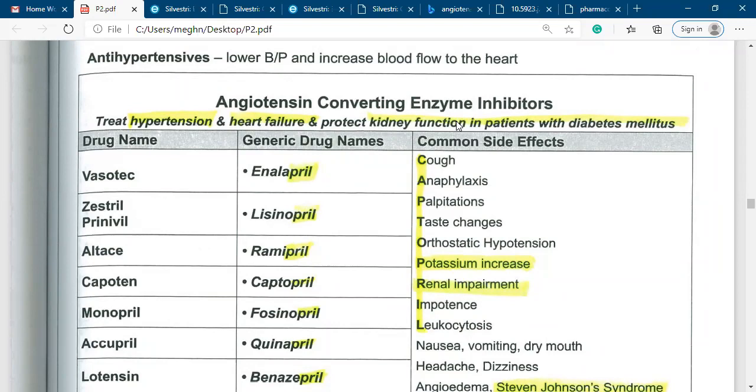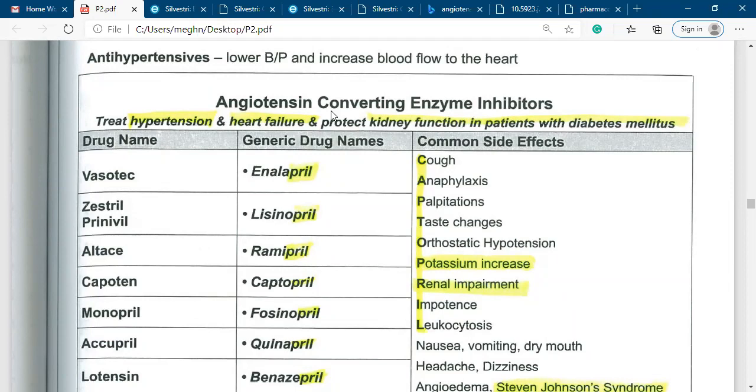It causes vasoconstriction when working on receptor 2 and also causes sympathetic activity. So when you block this enzyme, they do not convert, and there is no more vasoconstriction, no more sympathetic activities, and blood pressure reduces, right? And also when vasoconstriction is off, it means vasodilatation occurs and blood supply increases.